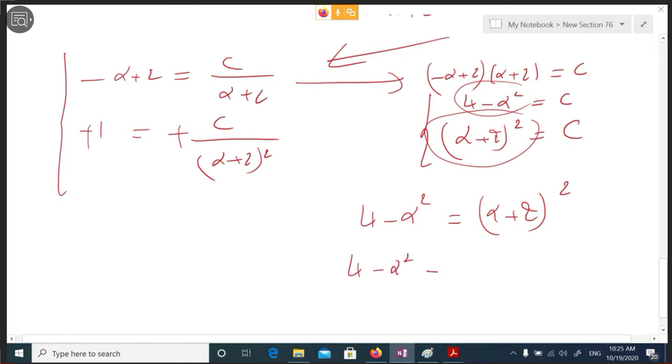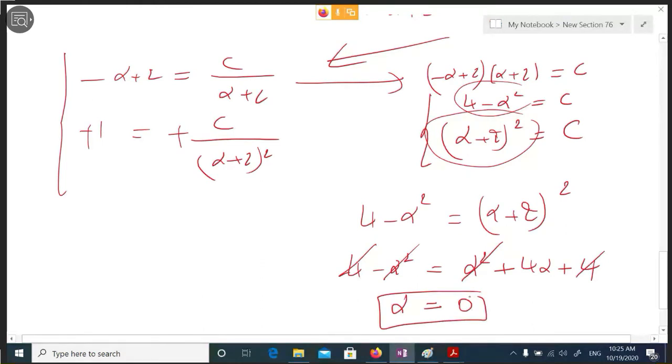I can do it like this: distribute here, alpha squared plus 4 alpha plus 4. Then cancel alpha squared from both sides, and 4 from both sides. I will have alpha is equal to 0. You can solve it this way.